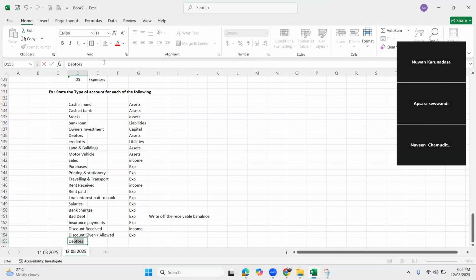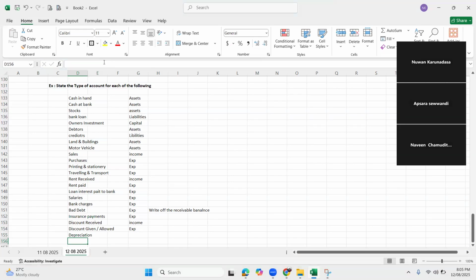Then depreciation. The value of the fixed asset comes down due to wear and tear, due to usage.